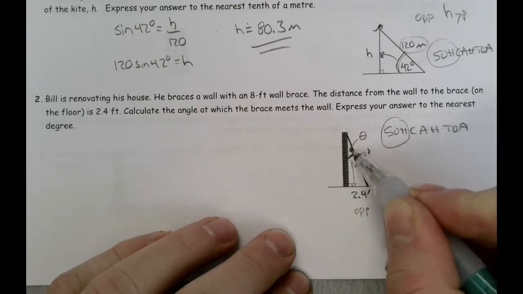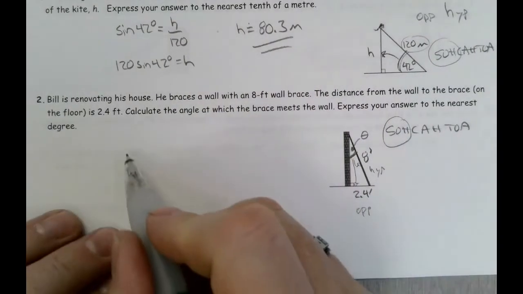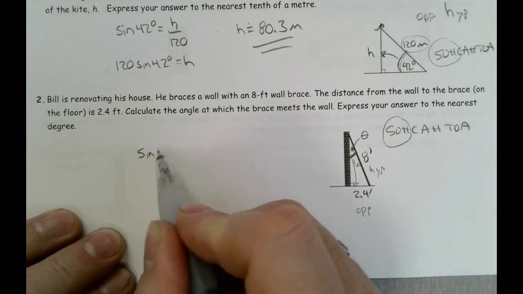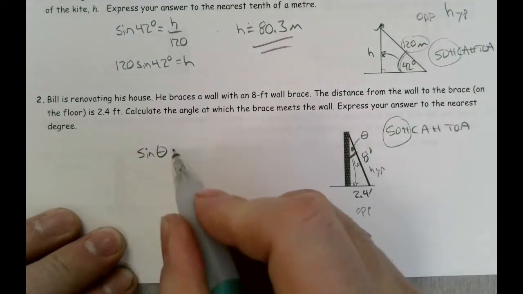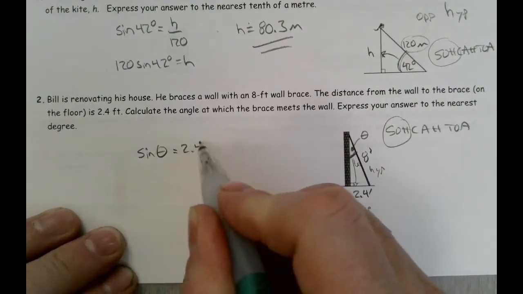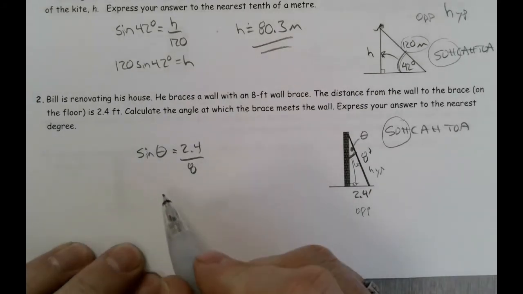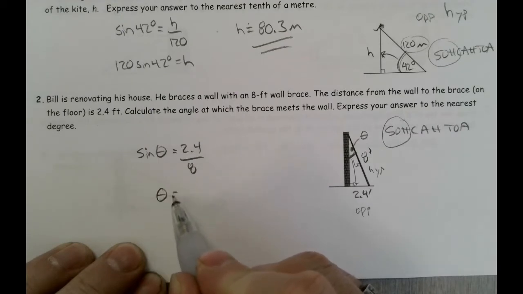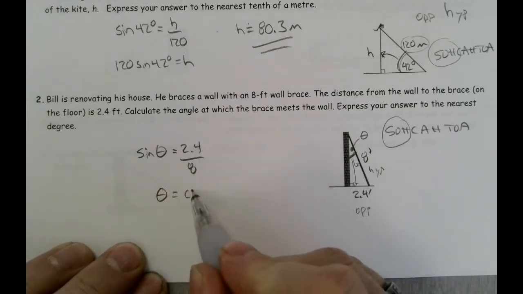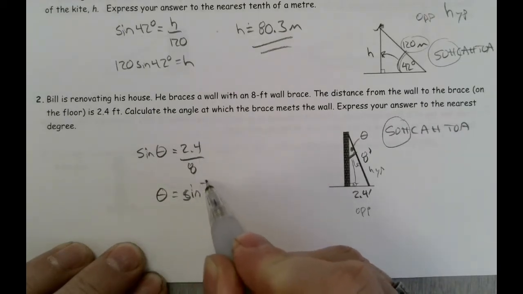Theta is a good variable to use for an angle here. So the sine of that unknown angle theta is going to equal 2.4 over 8. Now, in this case, I don't know what the angle is, so what I've got to do here is use my inverse trig function to go from the ratio back to the angle.